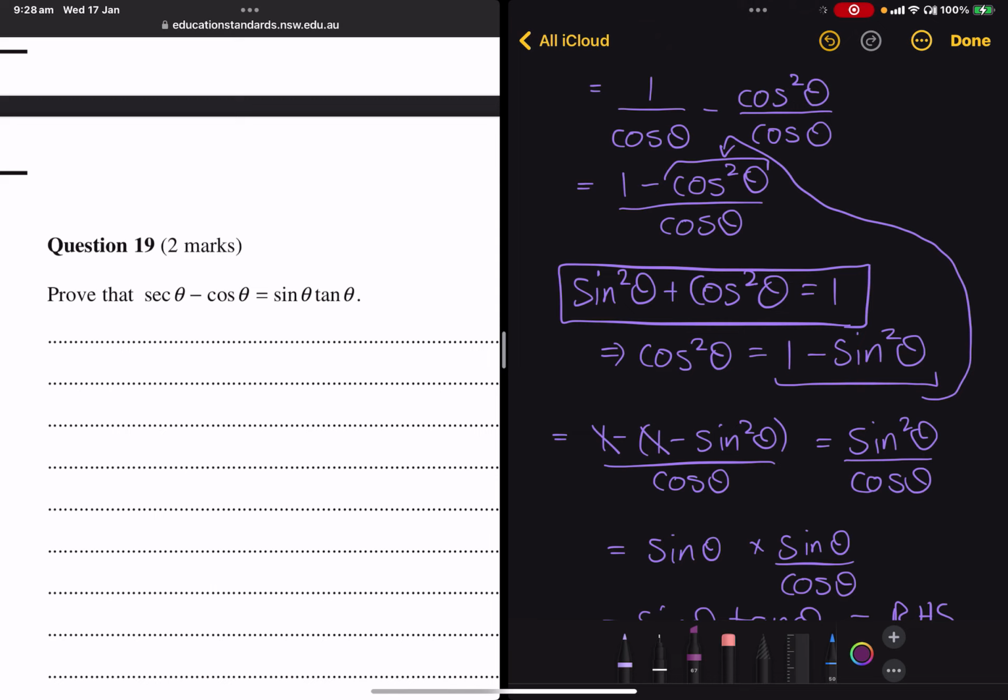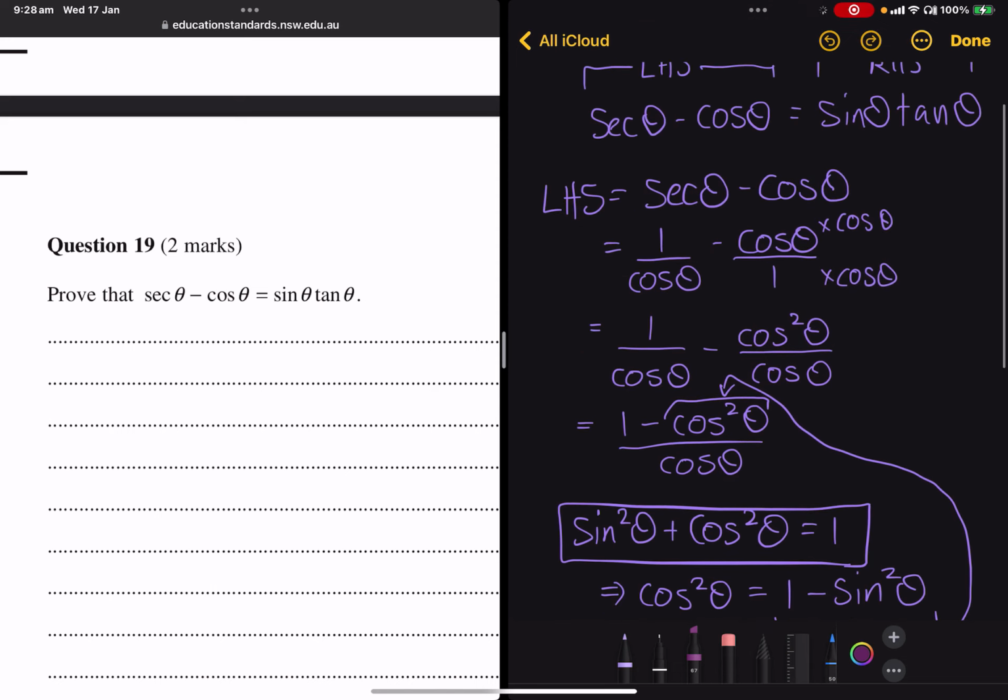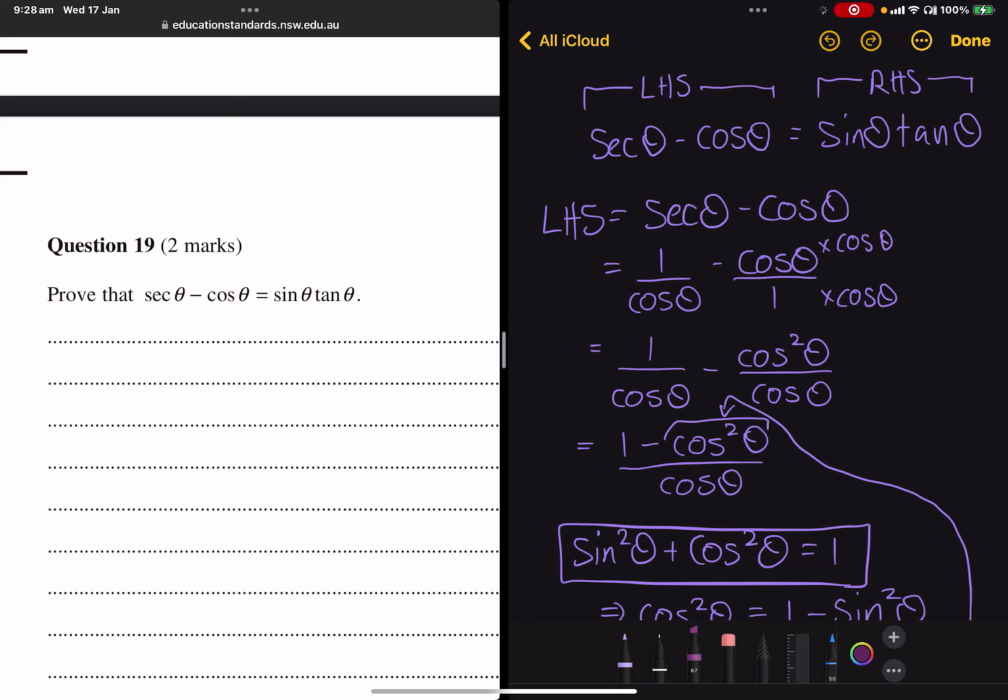In terms of marking, to get 1 mark, you really have to have some attempt to do this question. The marker notes want you to have 1 minus cosine squared on cosine. So they want this. But if you don't get that, but you get something of a similar level of effort that doesn't quite get you an answer but gets you close to an answer, that's going to get you 1 mark.